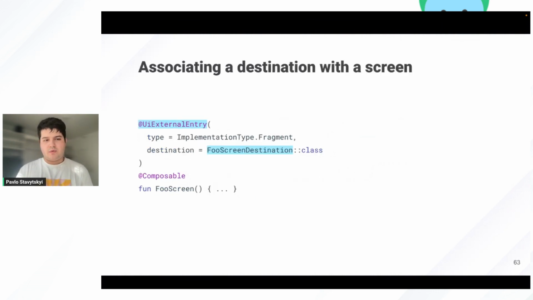Now when we are defining a screen, instead of the UI entry annotation, we're using UI external entry, and we just associate a destination with a screen. Again, each destination can be connected only to a single screen. This way, they are unique entities, and when I have an instance of a destination, I can figure out which screen it belongs to.